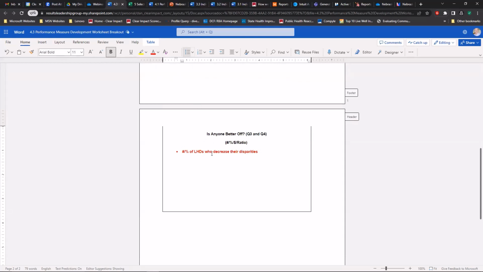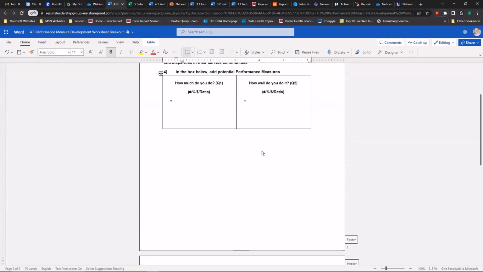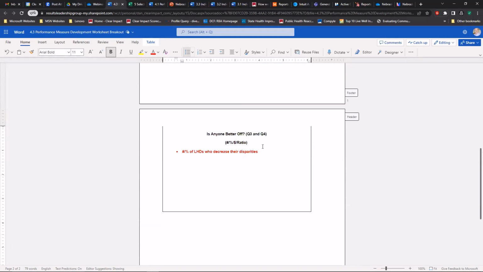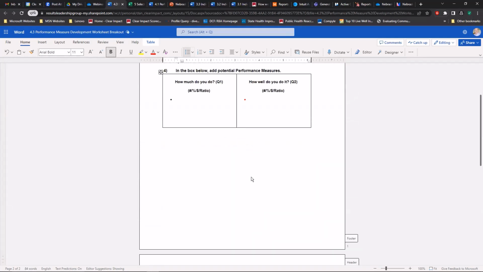So it'd be the number and percent of those local health departments who decrease their disparities and increase their health equity. Basically, you could look at the number whose health equity curves are now improving, which is what you're looking to do with this initiative. This is very similar to the perinatal equity initiative that the California Department of Public Health is doing, that I talked about in the first webinar.